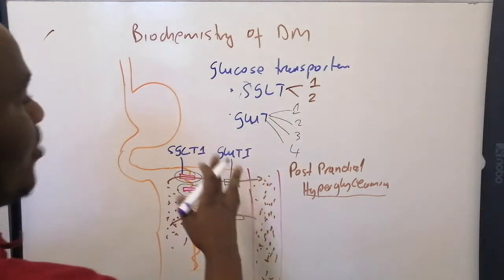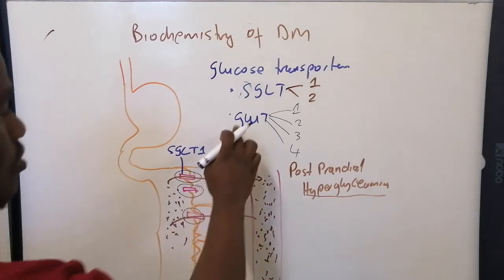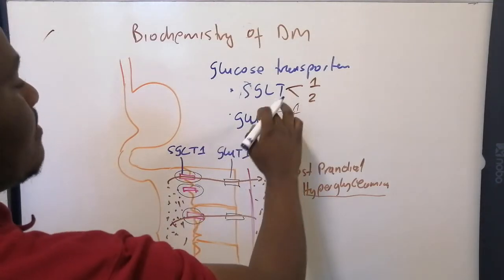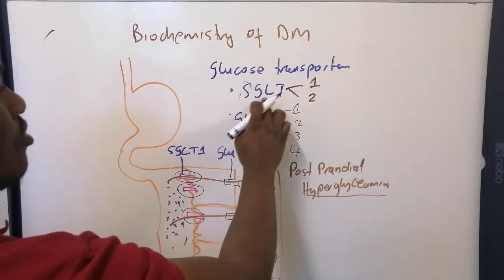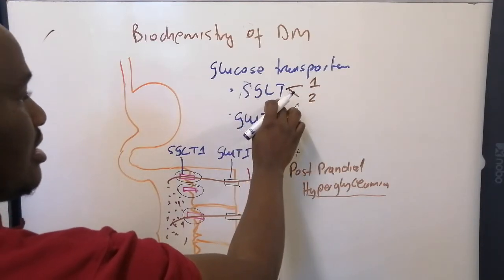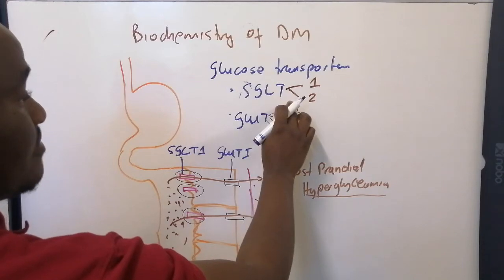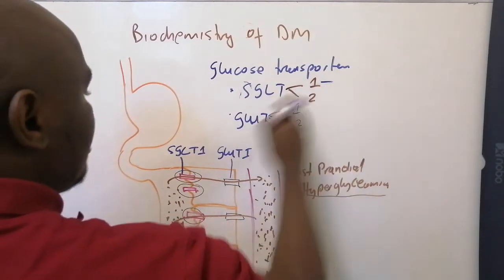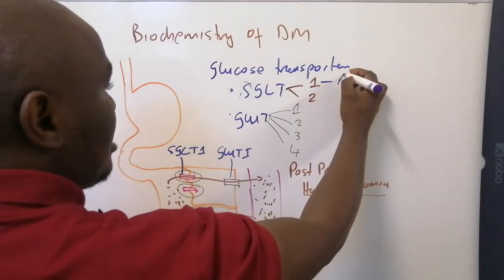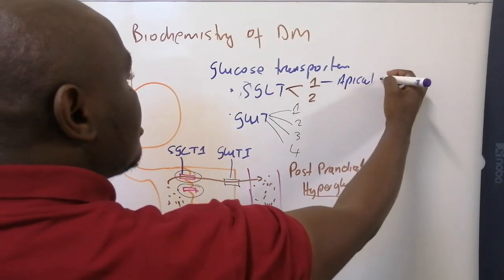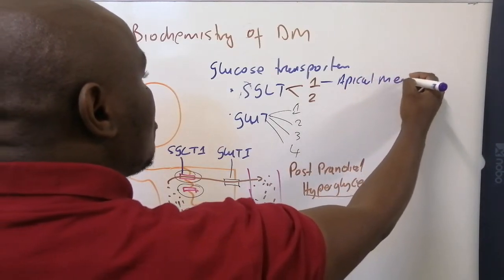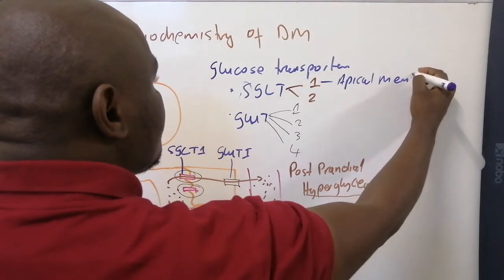So where do we get glucose transporters? Where do we get SGLT1, the sodium glucose linked glucose transporter? One is in the apical membrane of the enterocytes.